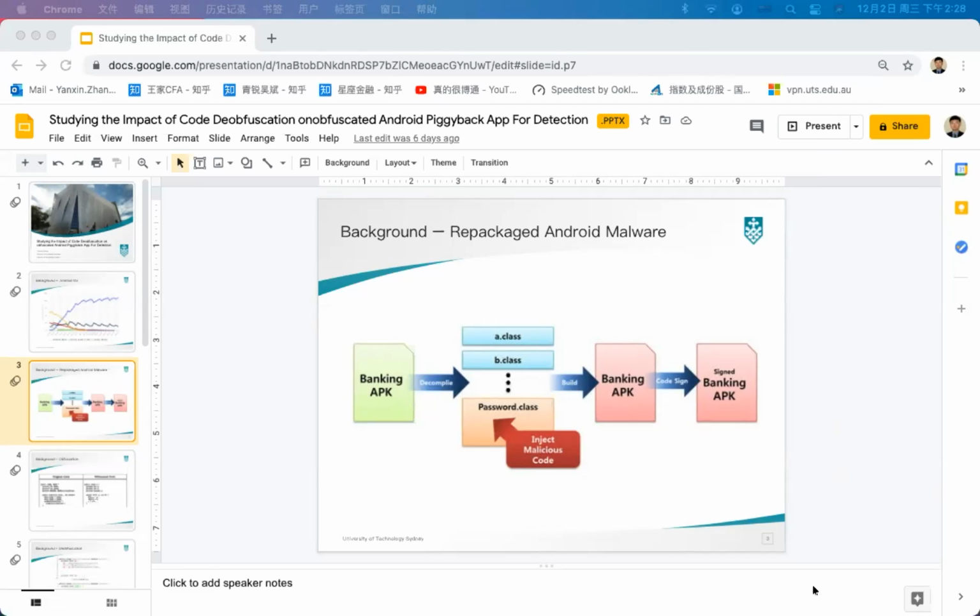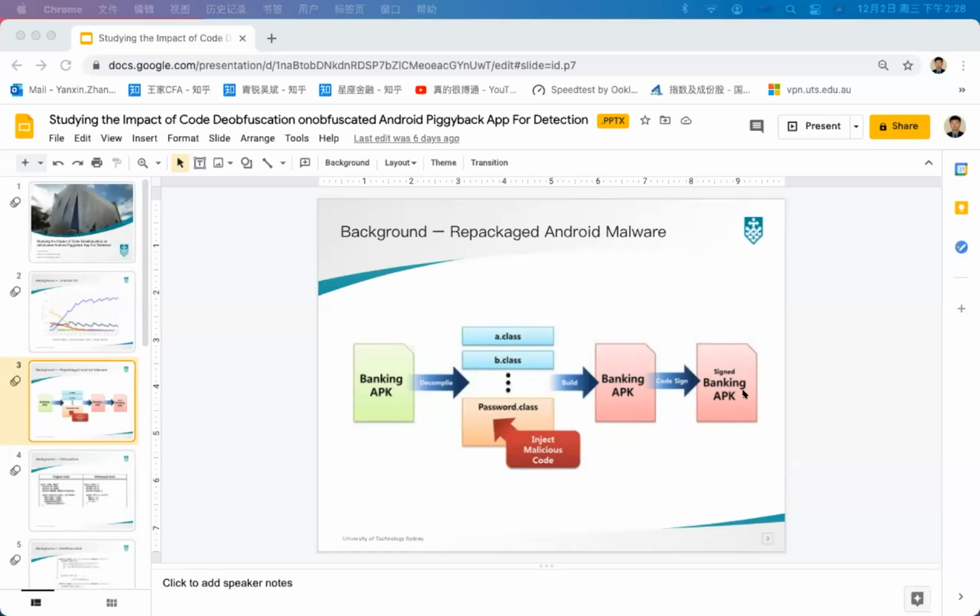Then they insert some malicious code that requests more permissions, or steals privacy or password information from the users. After inserting the malicious code, they recompile the APK again and upload it under the same name to a platform, such as Google Play.